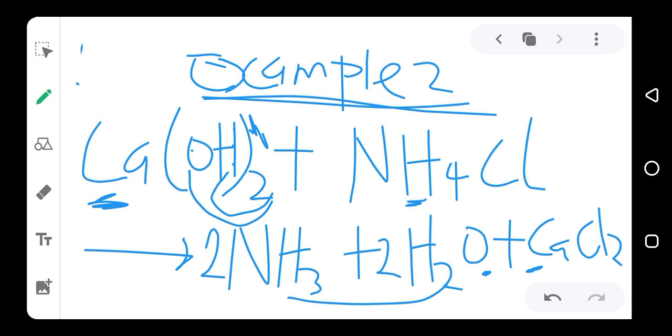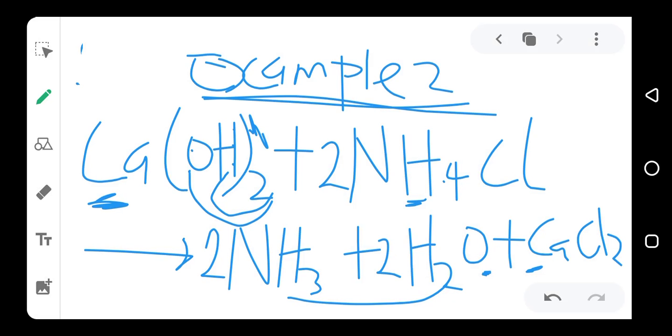In balancing this, sometimes it is trial and error. You try, you write, and you remove if it is not balanced. So if we put here 2, this one alone becomes 8, and plus this one, which is 10. Okay, it is now 10 hydrogen.